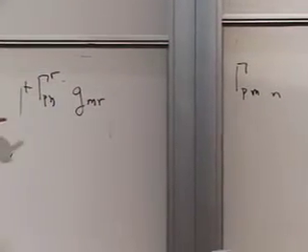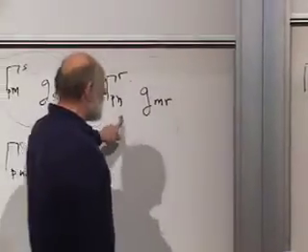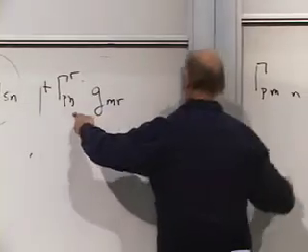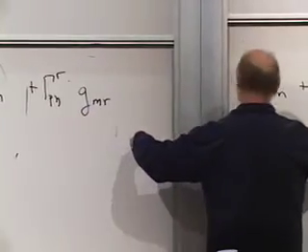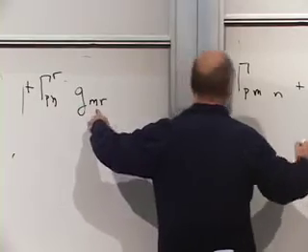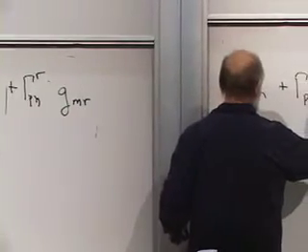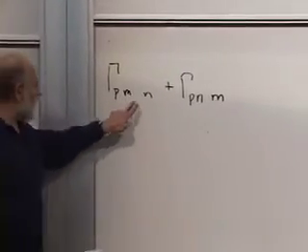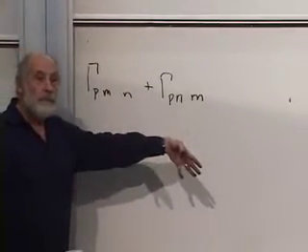And how about this one over here? This one could be written as gamma P N M. They're identical, except one of them has MN, the other one has NM.